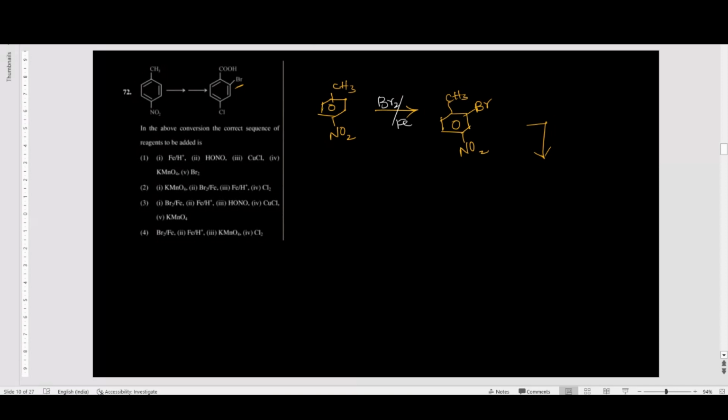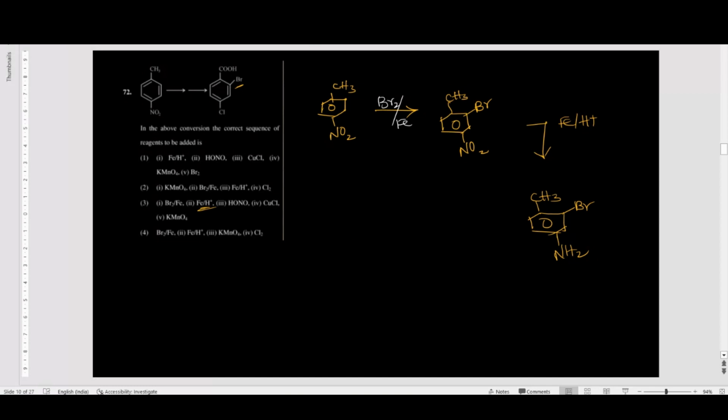So if you see this option, first we have done this, we have substituted this bromine, and then we try to convert this into NH2. In order to reduce this NO2 to NH2, we can take any reducing agent. Here they have given Fe/H plus, right? This is the reducing agent, and yeah, we'll get this CH3. It will convert to NH2. The basic idea is to replace this NO2 with Cl. We can't do that directly, right?